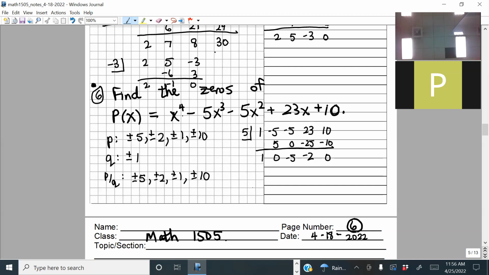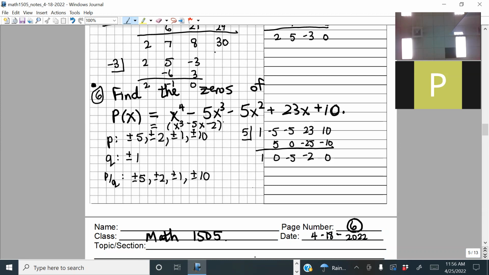Now, look, you're working with a simpler problem now. Because you know that the x to the 4th, etc., factors as, what was our quotient after the synthetic division? It was 1x cubed plus 0x squared minus 5x minus 2.